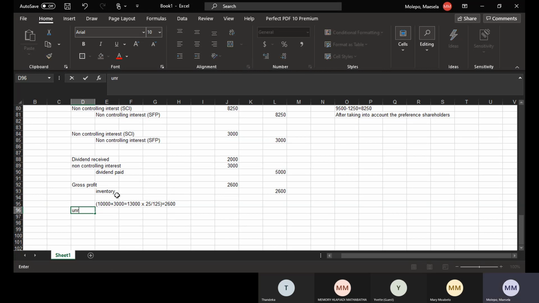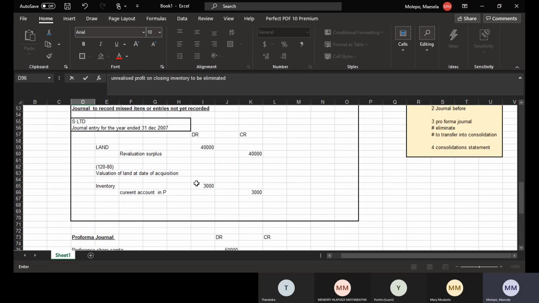So the profit is no longer available in our consolidated. So we eliminate it. Then from there, it will be the current account.